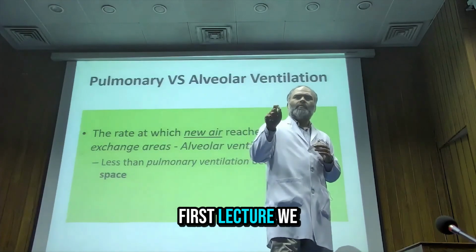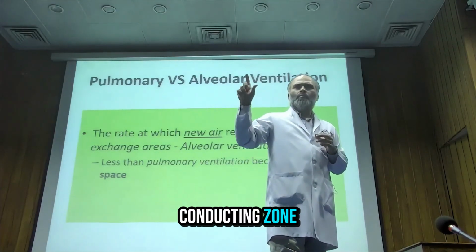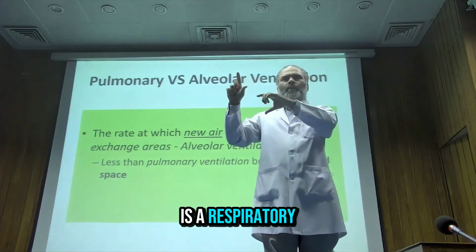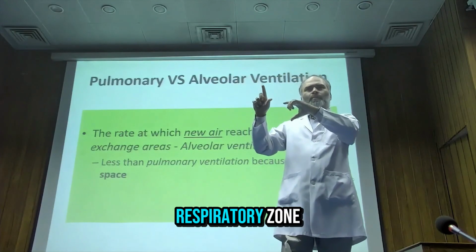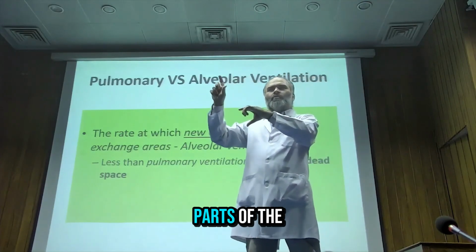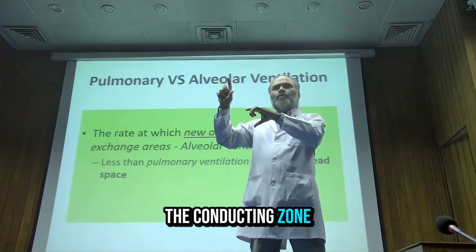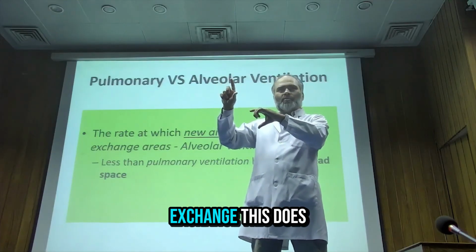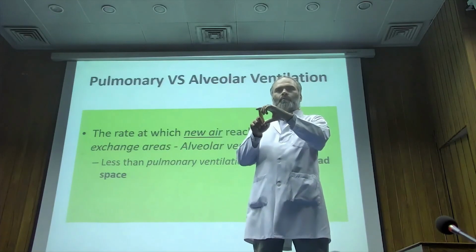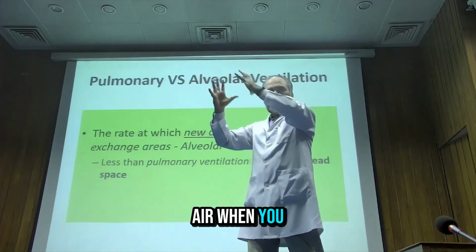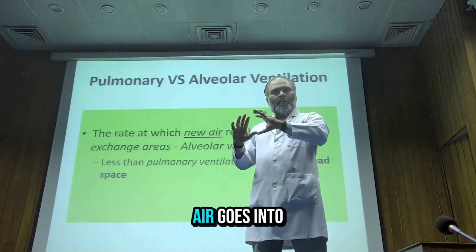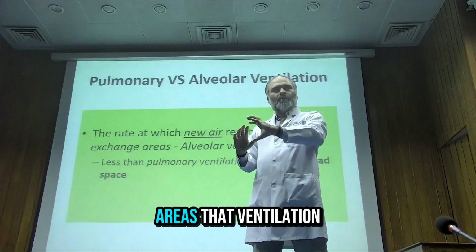Remember in the first lecture we studied there's a conducting zone and then there is a respiratory zone. Deep inside there is a respiratory zone, while the initial parts of the respiratory system are the conducting zone. The conducting zone does not take part in gas exchange. This does. Okay. So the total amount of air when you take it in, part of that air goes into the gas exchange areas.